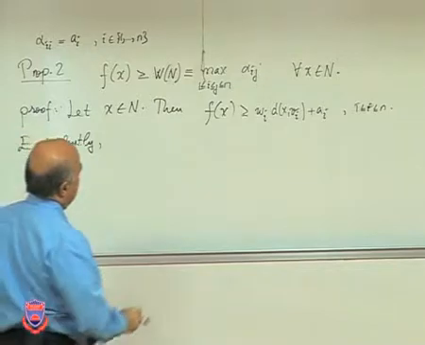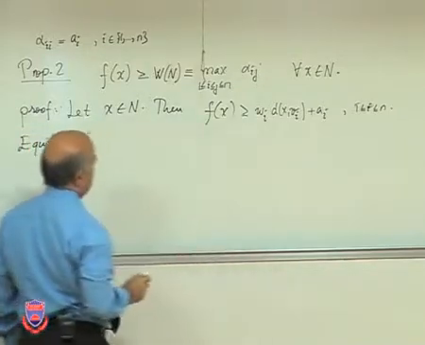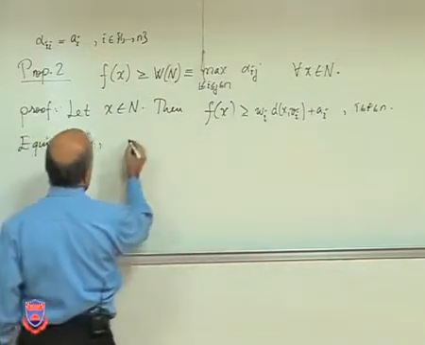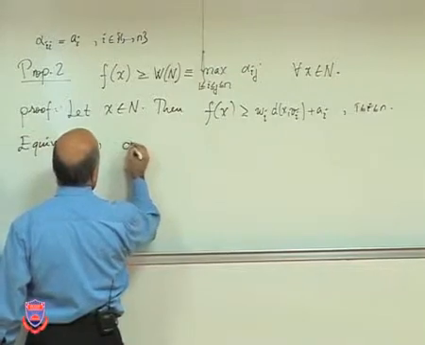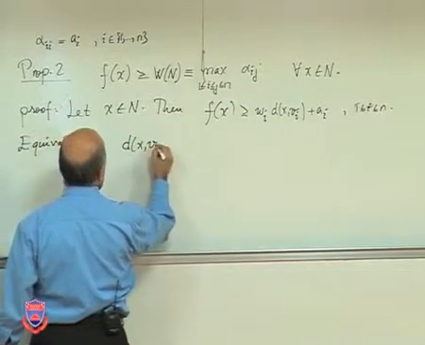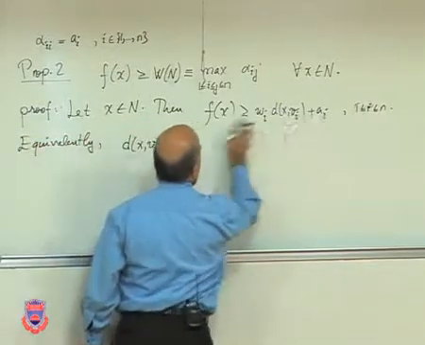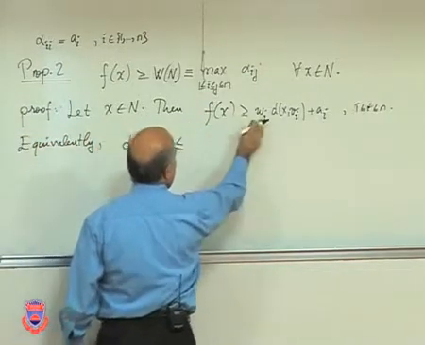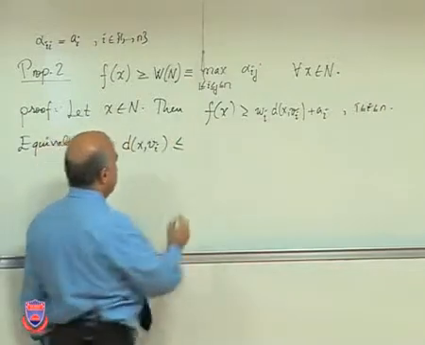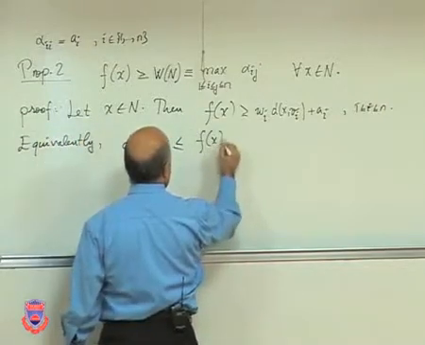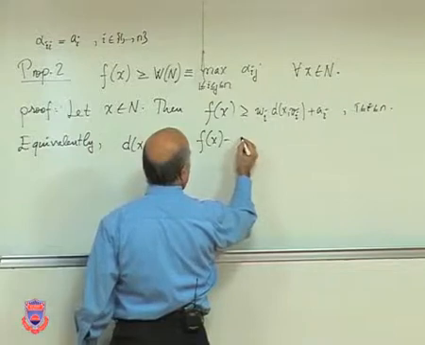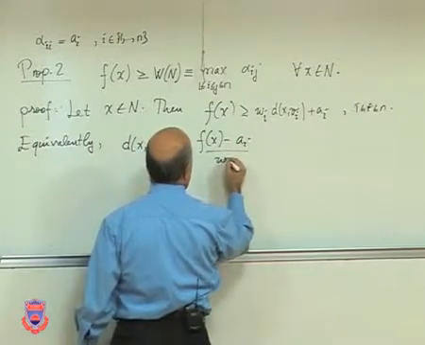This set of inequalities is equivalent to the following. If I subtract ai from both sides and divide both sides by wi, this is what I've got. F of x minus ai divided by wi.